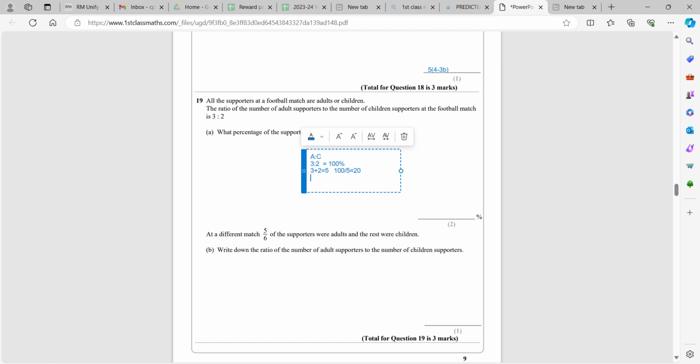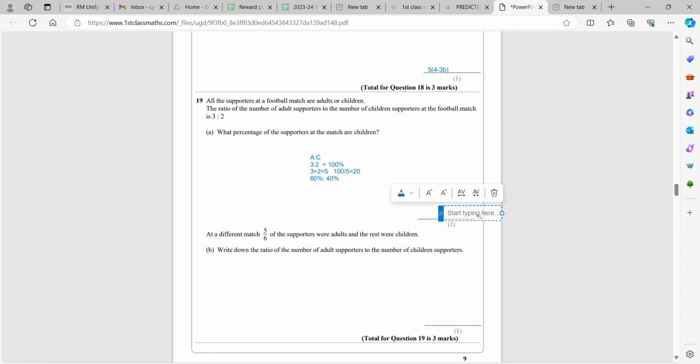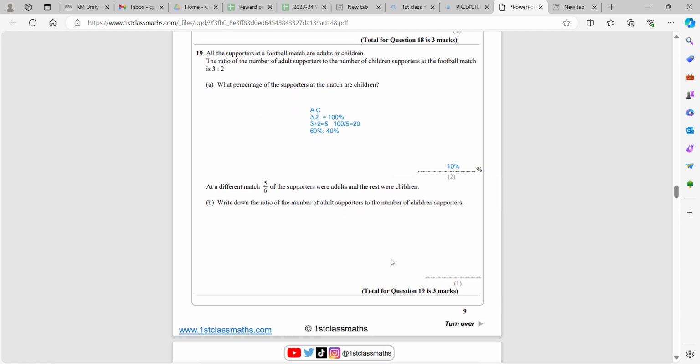And I'll do 20 multiplied by the 3, which is 60%. Again, because we're dealing with percent here. And 20 multiplied by the 2, which is 40%. So my answer is 60 to 40, and it wants children. Now, because I was very careful to make sure I labelled at the beginning, I can see straight away there that this side is for my adults, this side is for my children.